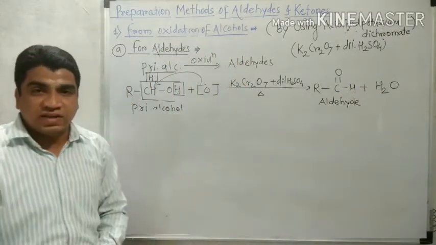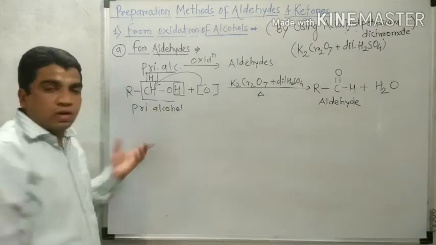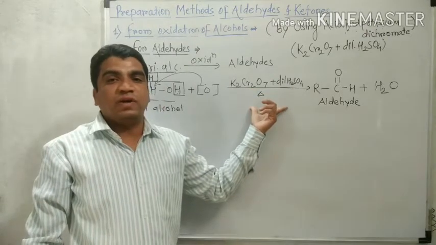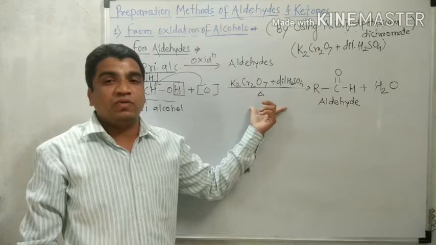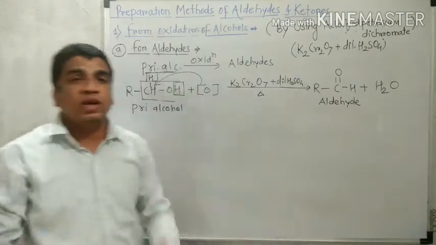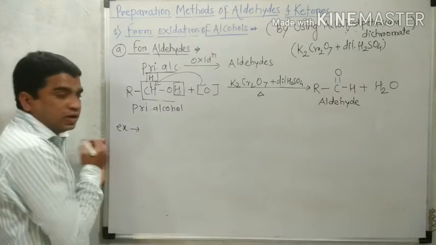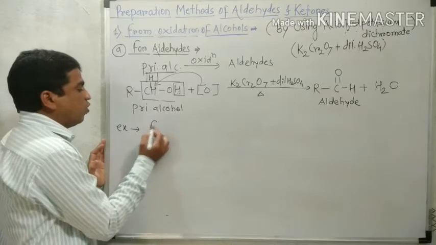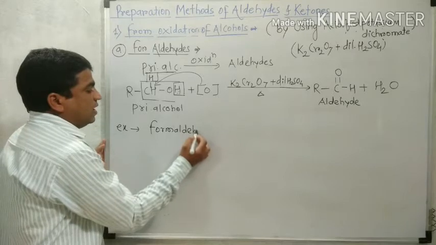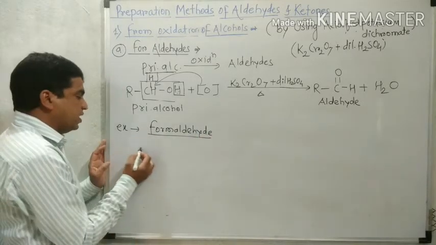How to memorize the reaction? When primary alcohol undergoes oxidation by using acidified potassium dichromate, that is the mixture of K2Cr2O7 plus dilute H2SO4, the reaction gives the corresponding aldehyde. What about an example? First, if you want to prepare formaldehyde, we take methyl alcohol.